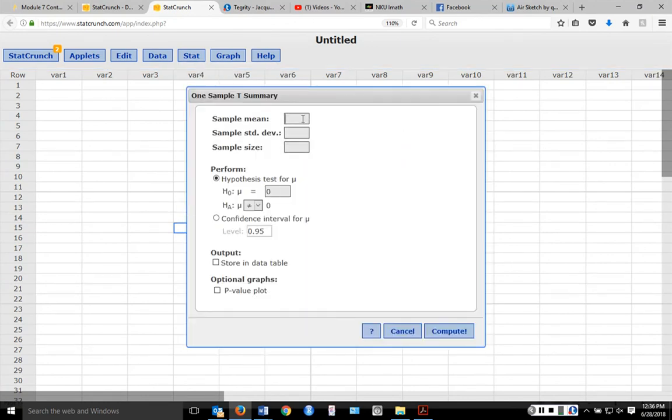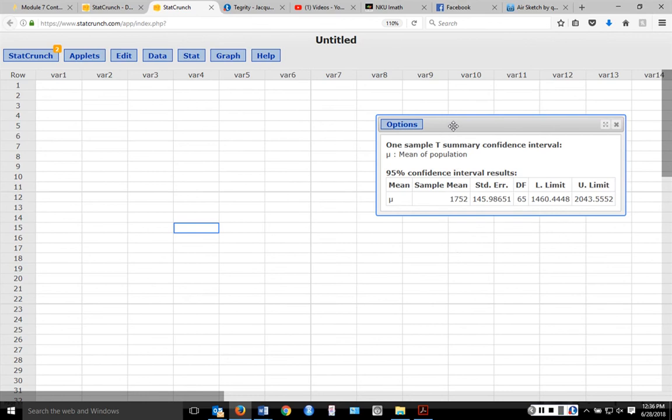I'm going to enter in all those sample values that I had: the 1,752, the 1,186, and my sample size of 66. But this time I'm going to click that confidence interval button. I can change this level based upon what my confidence level would be, but mine is 95%, so I'm going to leave that as 0.95 and hit compute.